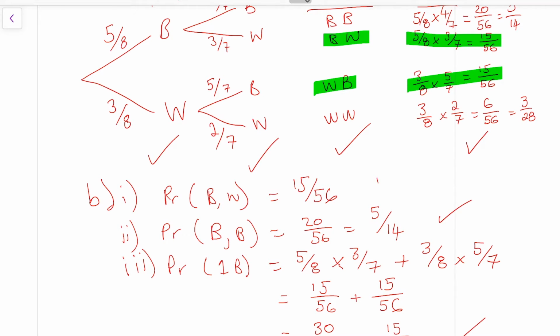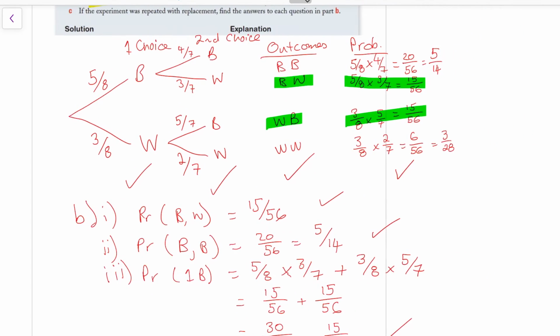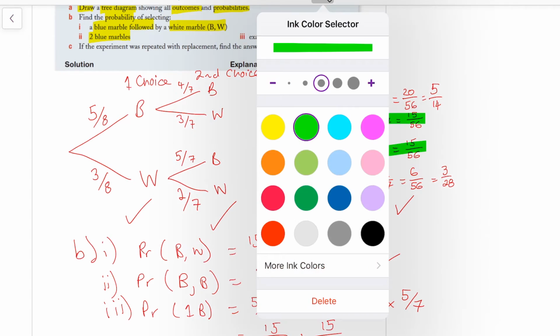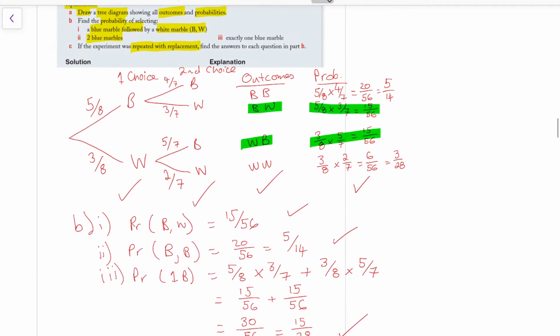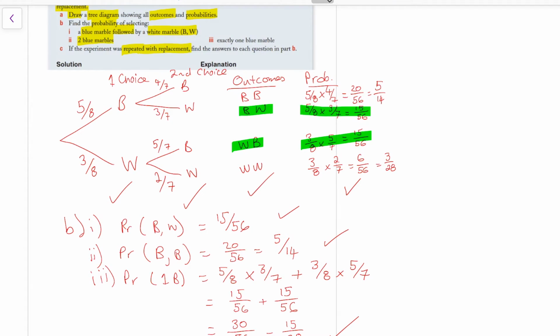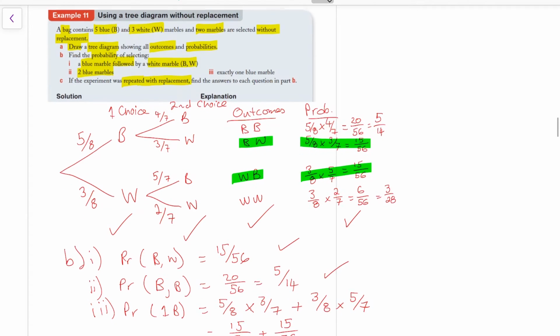All right. Now I can see that for question C, they've asked us to repeat the experiment, but now do it with replacement. Okay, so that means now you're not taking a marble out. I'm more than happy, because the harder one is the without replacement part.